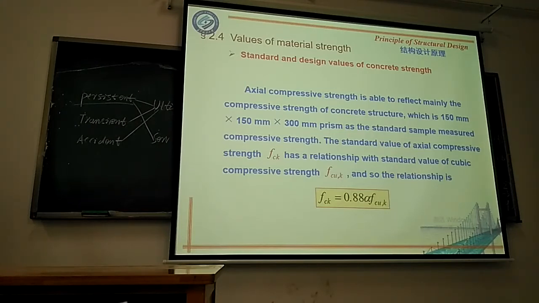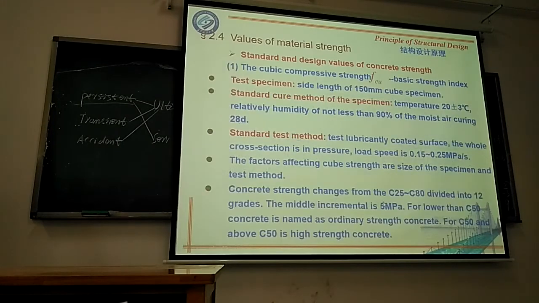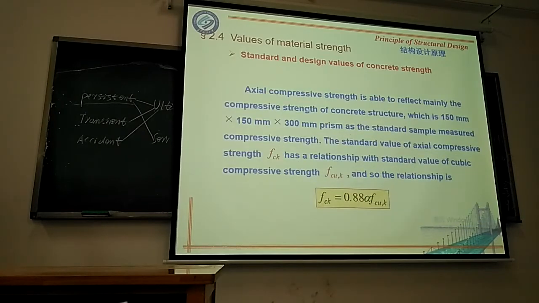Now you can convert from fck to fcuk. fcuk is the cube strength, fck is the prism strength.